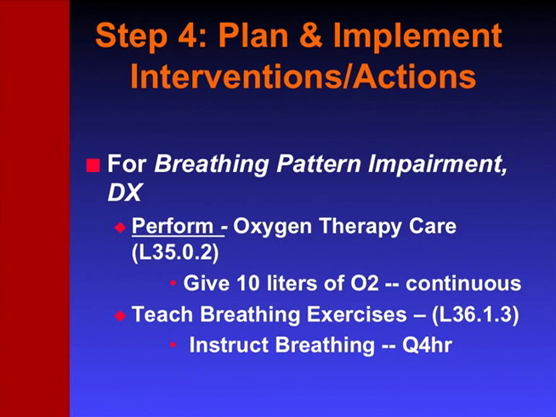For example, for the breathing pattern impairment diagnosis, the nurse ordered 3 nursing intervention actions as perform oxygen therapy, with the nursing jargon as give 10 liters oxygen continuously, and for teach breathing exercises, the nursing jargon was instruct breathing techniques every 4 hours.